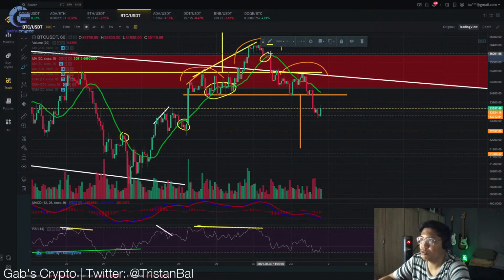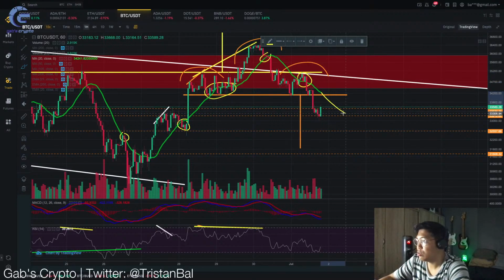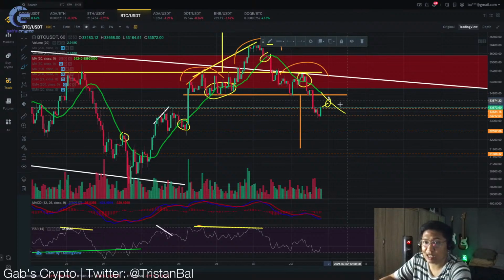And if ma-break natin yung moving average, doon lang tayo makita ng trend reversal. So ito, dito tayo nag-resist sa 20 moving average ng 1 hour time frame. So if this continues, we might actually see a possible rejection dito sa 20 moving average and let's say na-break natin siya. Saka lang tayo makita ng pump.